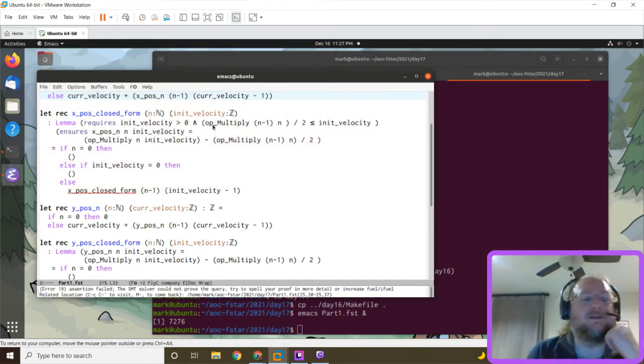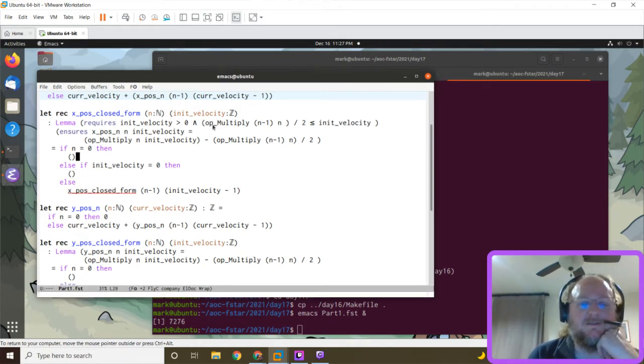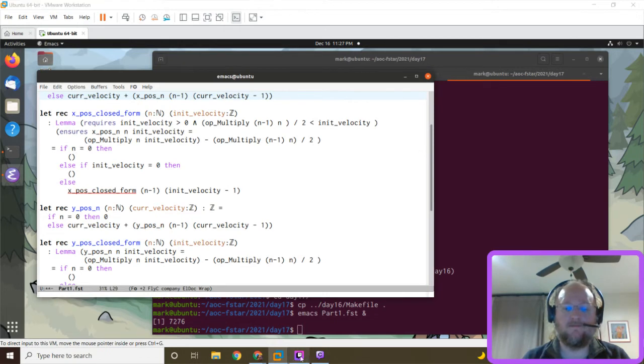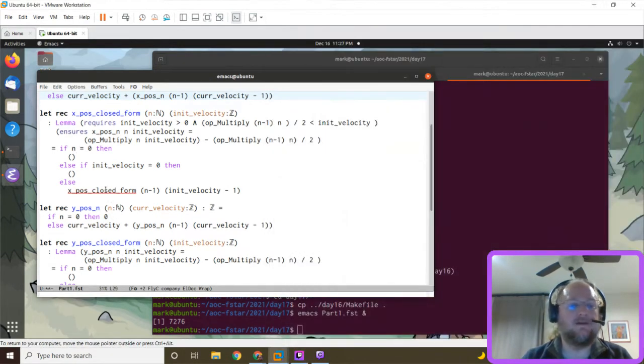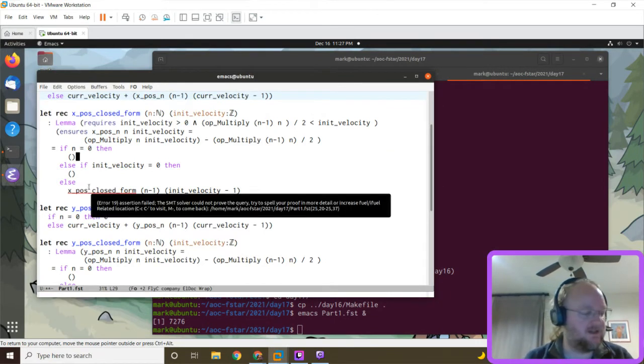Okay, so what it's actually telling us is we couldn't prove that it couldn't prove that the precondition still held.